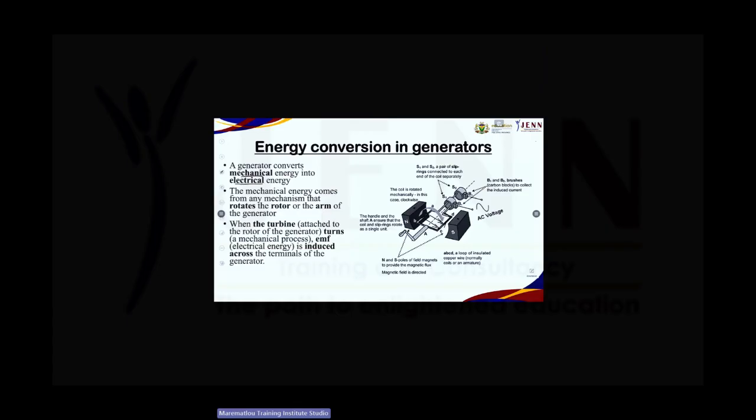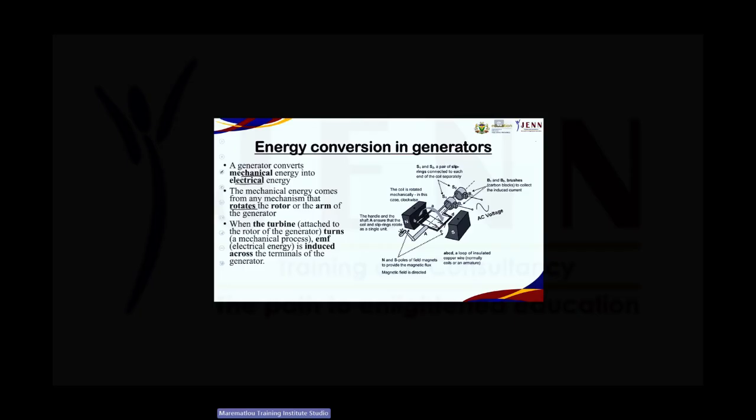Your mechanical energy comes from any mechanism that rotates. This handle here is fastened to your coil, and when we rotate it, it rotates the rotor, or the arm, of the generator.